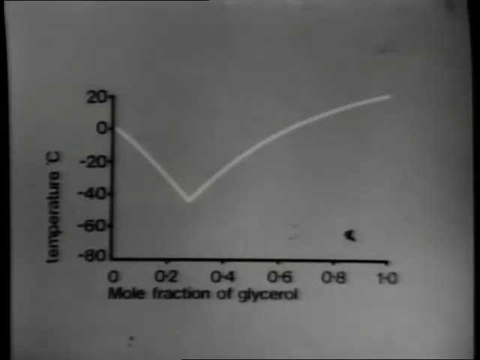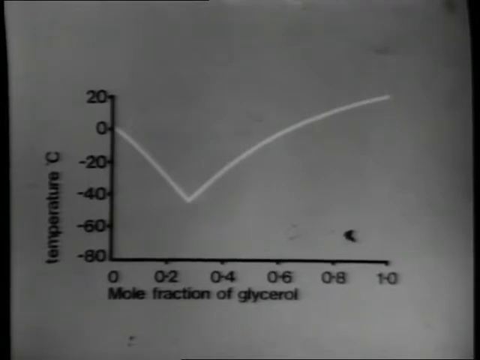Now this, as I say, was an accidental discovery, but it is now reasonably well understood how this sort of cryoprotective agent works. I want to show you a graph of the freezing point depression of glycerol solutions. This is the same sort of graph as the one of sodium chloride, which I showed earlier.